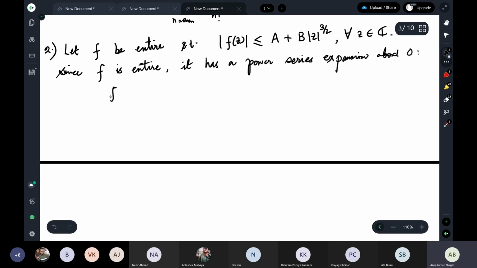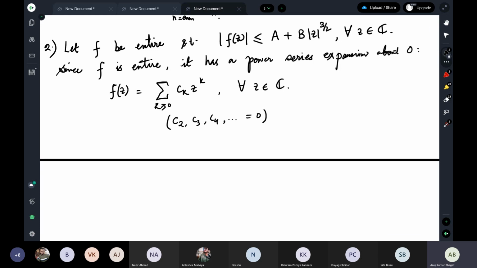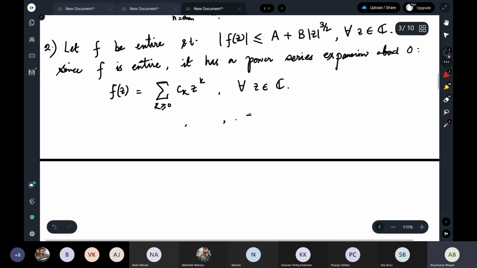So f of z can be written as summation k greater than or equal to 0 c k z to the power k, and this should hold for every z in C. So when I want to prove that f is a linear polynomial, my aim is to show that c2, c3, c4 and so on will all be 0. If I can prove this, then we are done.